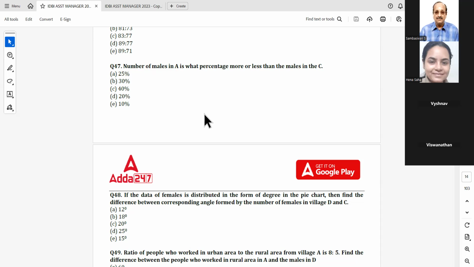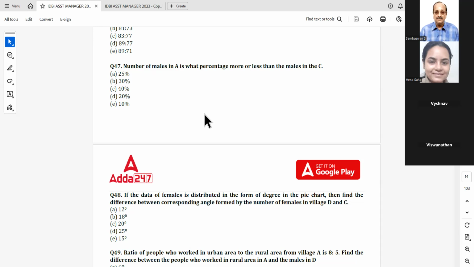For that, we don't have to put the pie chart. What we can simply find is the difference between girls in village D and C. The difference is only 50 girls.